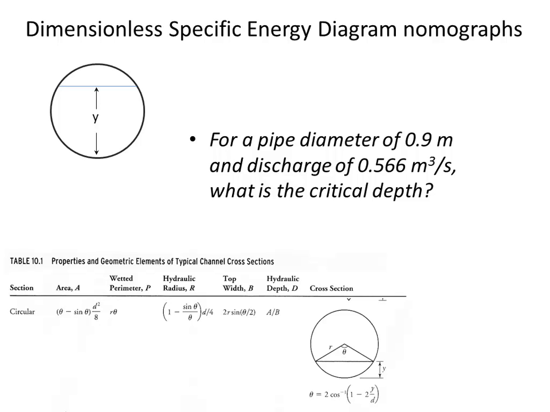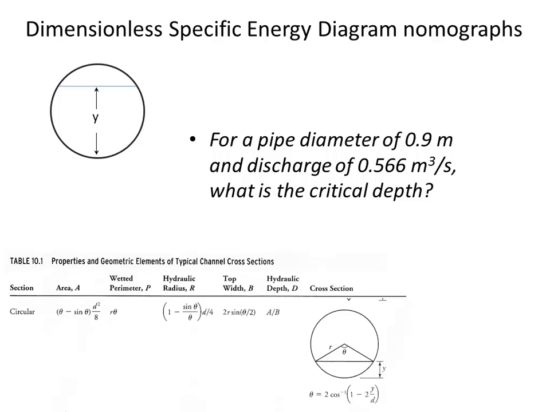The top width is a function of the angle, 0.9 sine of theta divided by 2. g is a constant, 9.81 meters per second squared. And now the area is a function of the angle as well, 0.10125 times theta minus sine of theta, cubed, is equal to 1.